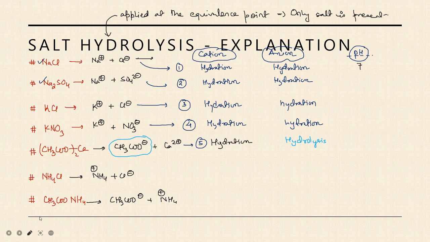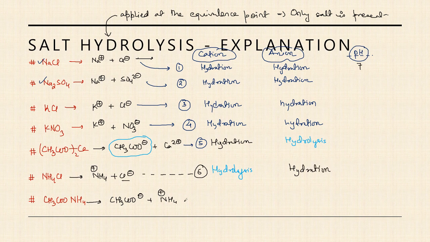Next, cation is coming from a weak बेस NH4OH. सो क्या होना चाहिए उसका? वी शुड हैव ऑब्जर्व्ड हाइड्रोलिसिस फॉर द कैटायन एंड एनायन का सिर्फ और सिर्फ हाइड्रेशन ही होगा, क्योंकि Cl माइनस कहां से आ रहा होगा?